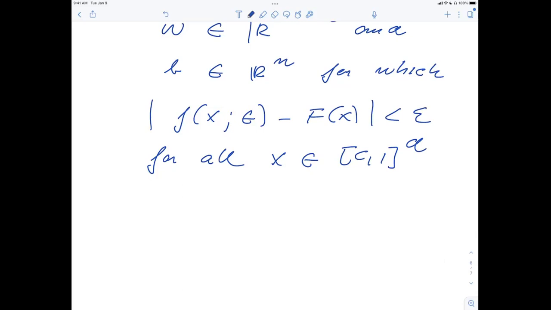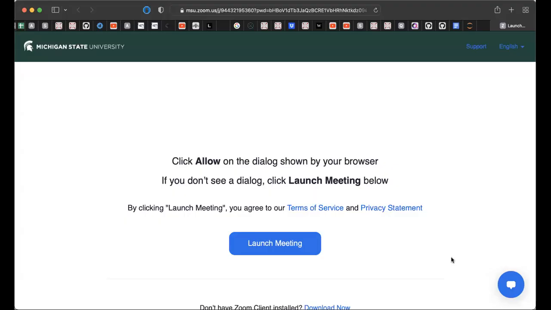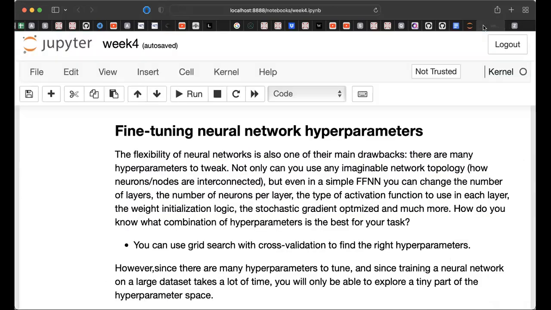So what I would like to do now is to go back, but not to the slides, but to the Jupyter notebook. And I wanted to discuss a little bit more in detail how we actually make such a network. And this is going to be the topic for the rest of the lecture today.